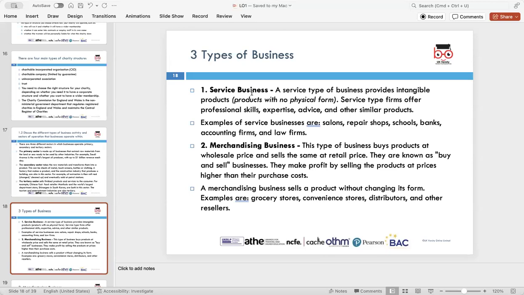A merchandising company is one that sells a product without altering its physical appearance. For example, retailers include supermarkets and convenience stores, wholesalers, and other types of retailers, mostly retail kinds of businesses.